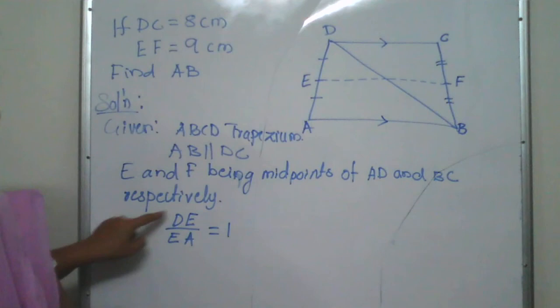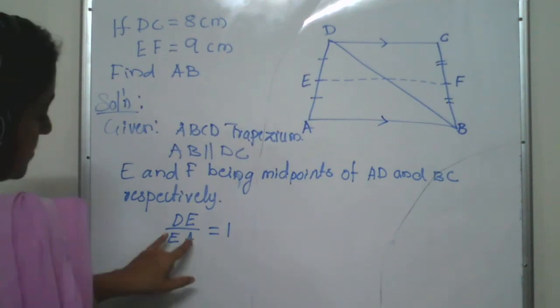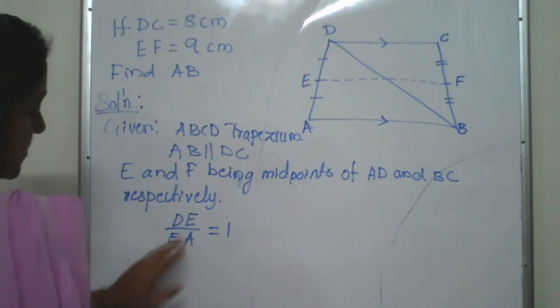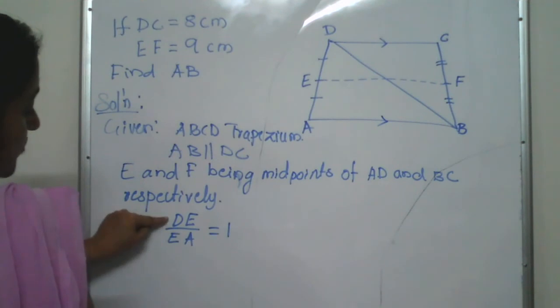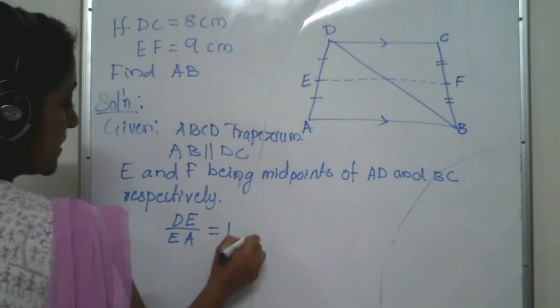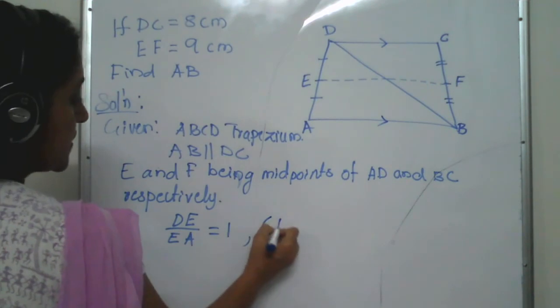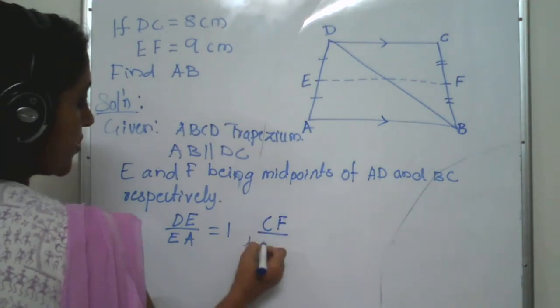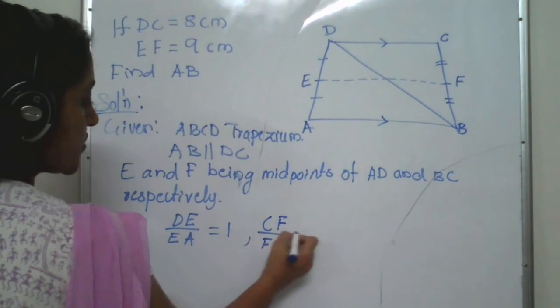Why 1? It is not because of the letters that we are writing, but the length of DE and the length of EA are equal because E is the midpoint. Similarly, you can write CF upon FB is also equal to 1.